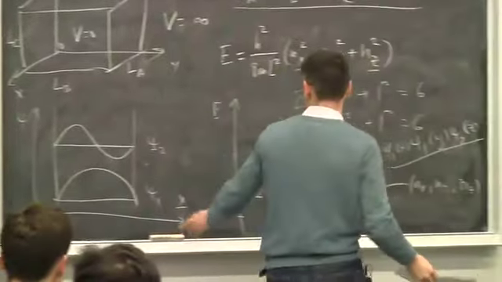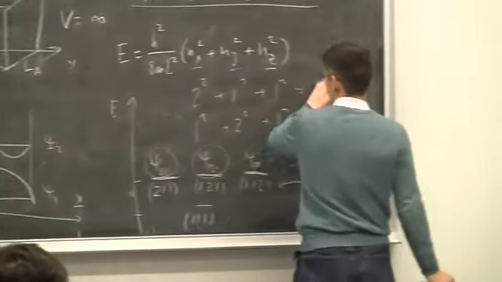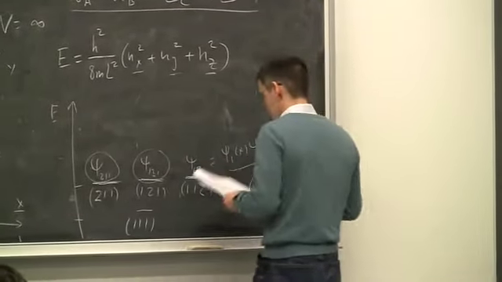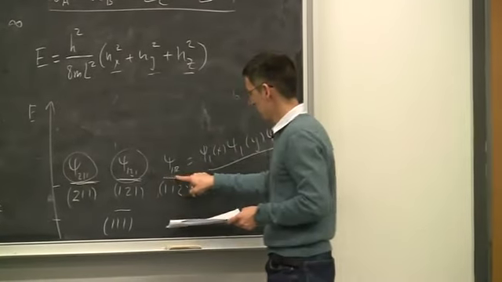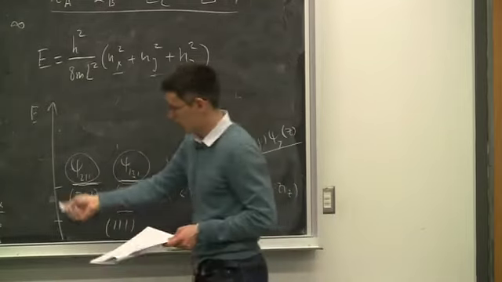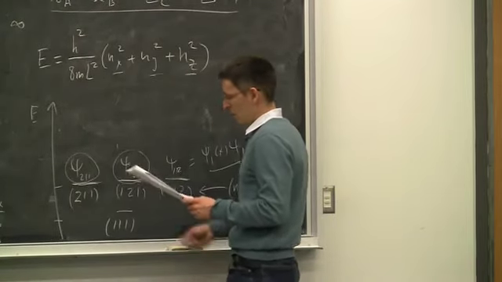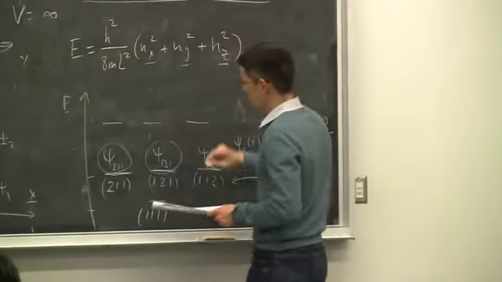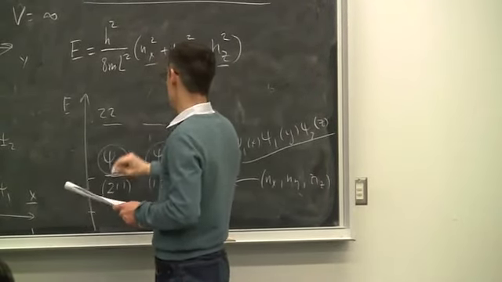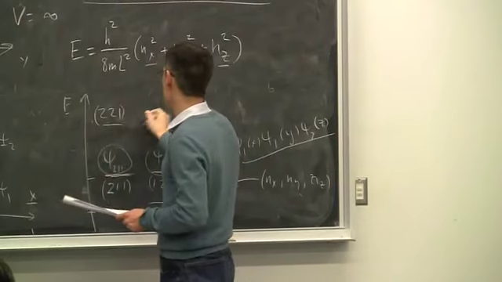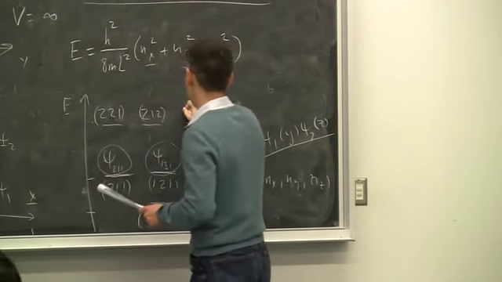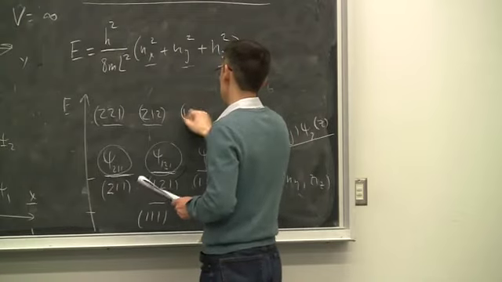But energies for those three are the same. And we can continue. This is essentially a level with degeneracy three, because there are three different functions corresponding to the same energy. And then you can go to the next level, also triply degenerate. So it's 2, 2, 1, 2, 1, 2, and 1, 2, 2.